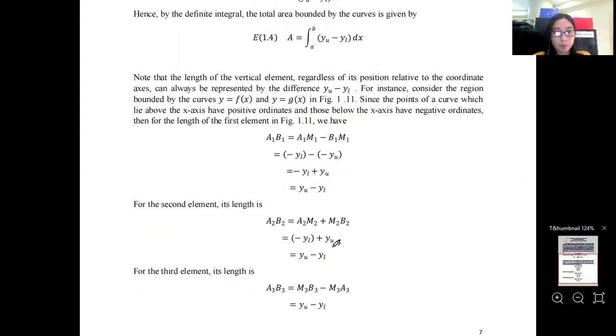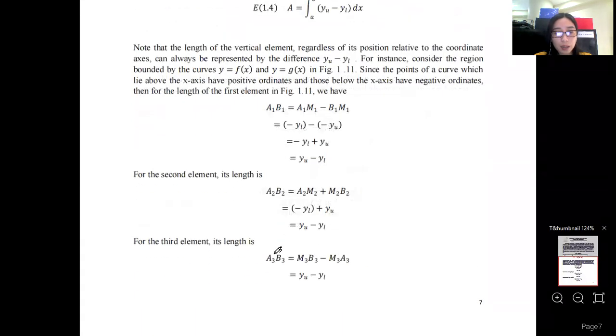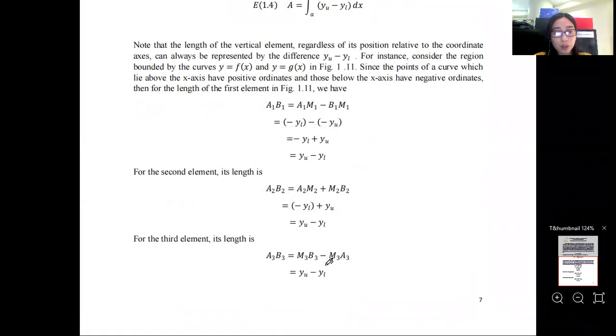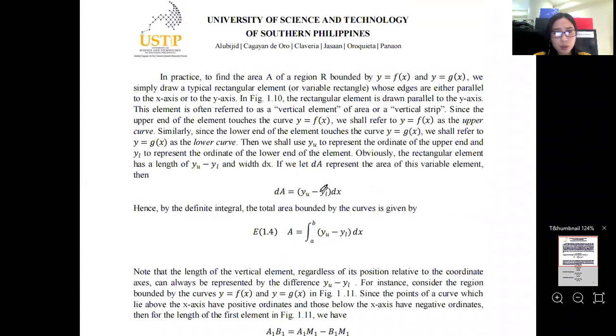So, for the second element, sa class, gipakita lang, okay? Gipakita lang, bisag asa nga location or bisag asa nga strip under this region, makuha gyapon nato ang equation nga y sub u minus y sub l. This one. Okay?